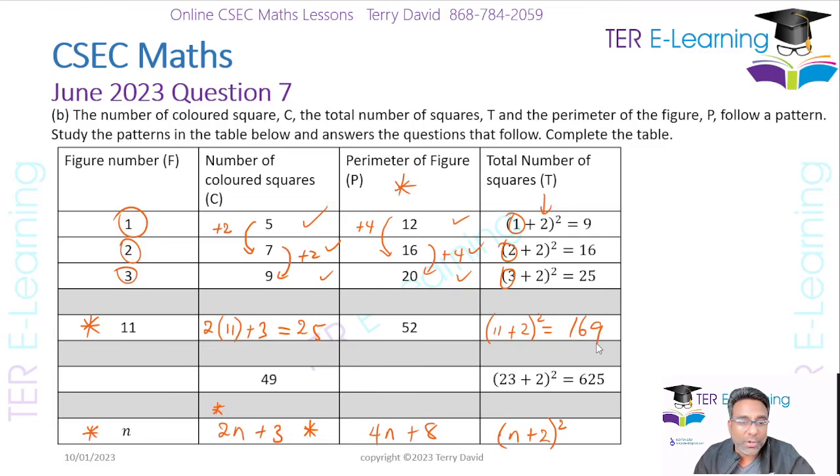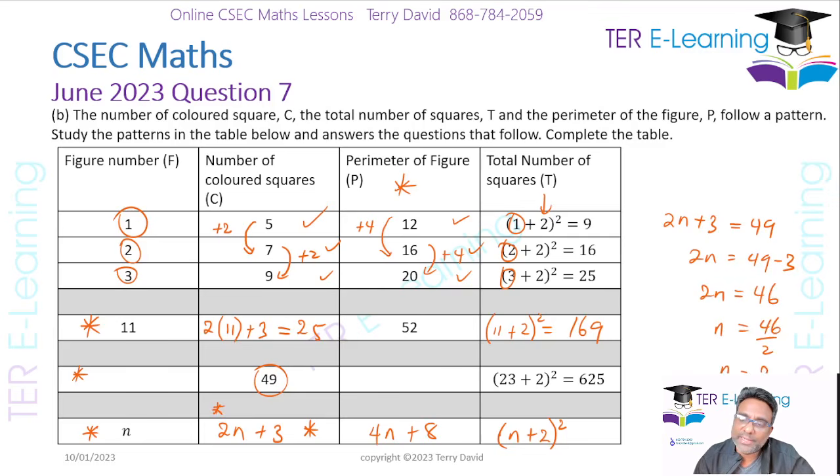So what are we missing now? We can figure out the figure number here by using this 49. All I'm going to do is say 2n plus 3 is equal to 49. So 2n is equal to 49 minus 3, so 2n is equal to 46, and n is 46 over 2.